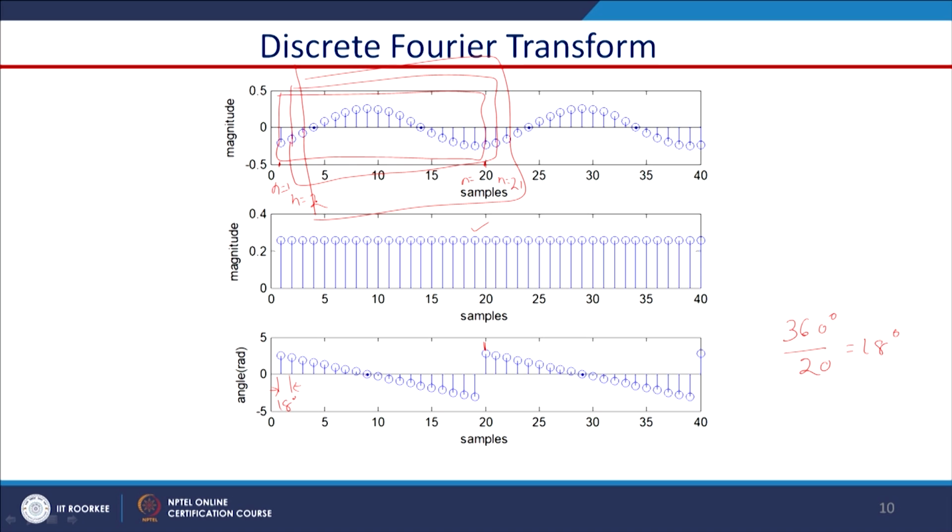This window will keep progressing ahead to find the corresponding magnitude and phase angle. For the first window, this is the magnitude and this is the corresponding angle, for the second window this is the magnitude and this is the angle, and for the third window likewise. When the window ends within a cycle, this is the end of the angle and the corresponding magnitude.